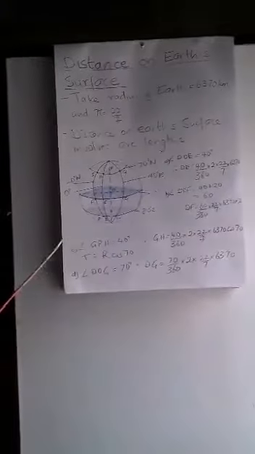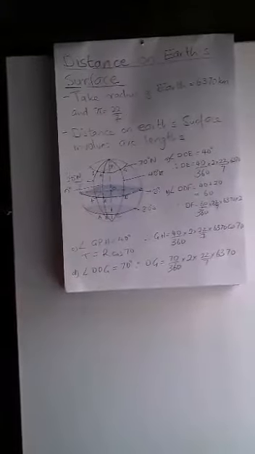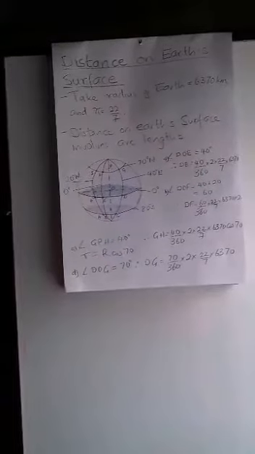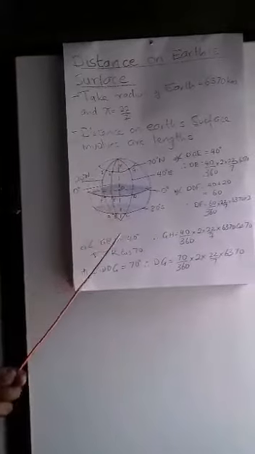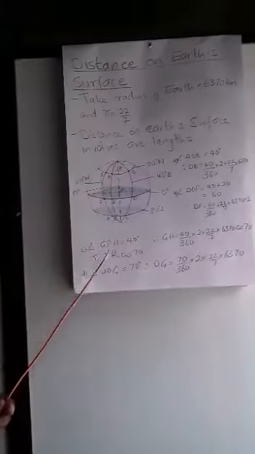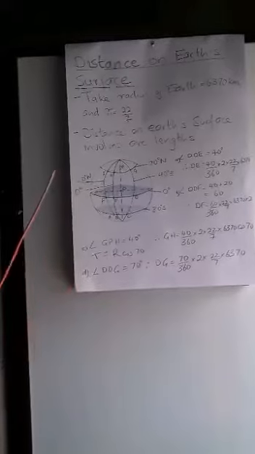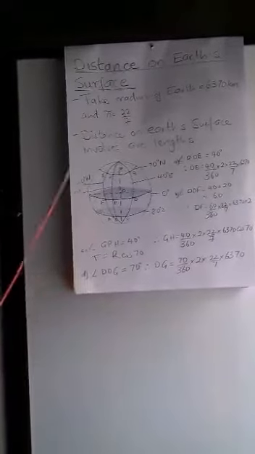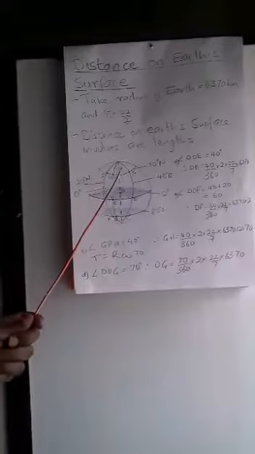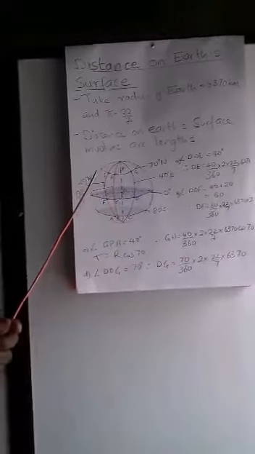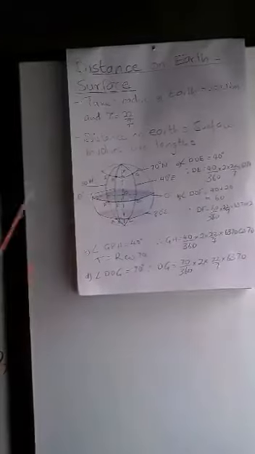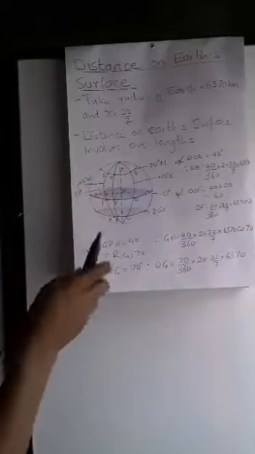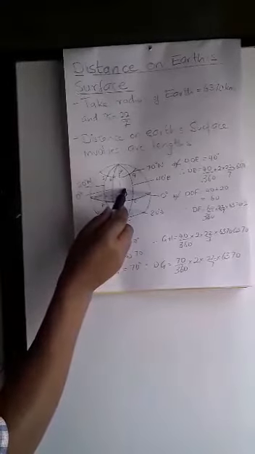Now, let's now look at arc length DG. Arc length DG is an arc on a longitude, and the longitude is a great circle. The angle subtended by DG on the center is this angle here, angle DOG.